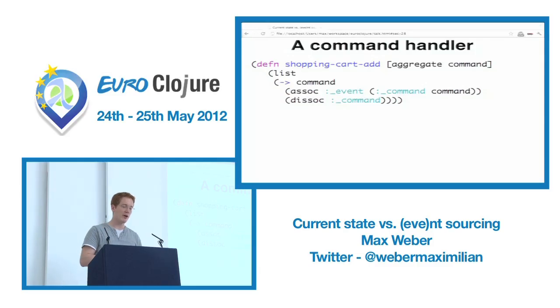The Eve library offers some convenience functions to implement command handlers and stick them together. Basically, command handlers can be combined in a similar fashion like the request handlers in the context of a Ring web application. So, the command handler has to figure out which events should be applied to the state of the aggregate.